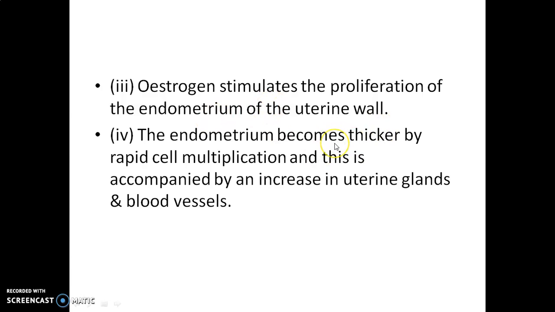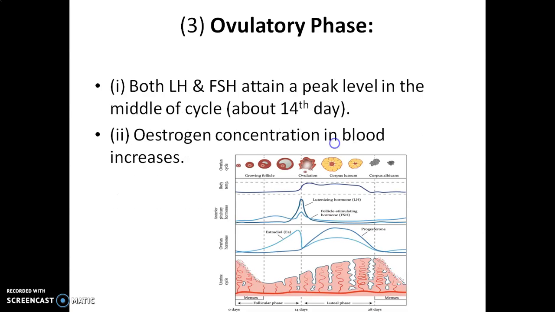The endometrium becomes thicker by rapid cell multiplication, accompanied by an increase in uterine glands and blood vessels. Why so rapidly? Because next month they are expecting fertilization, isn't it? Always the womb is expecting, preparing for pregnancy. So that is the follicular phase.